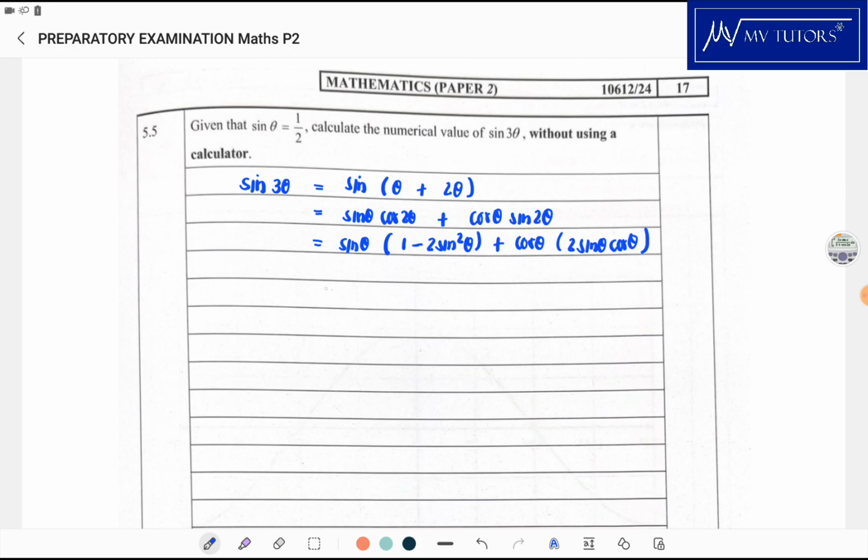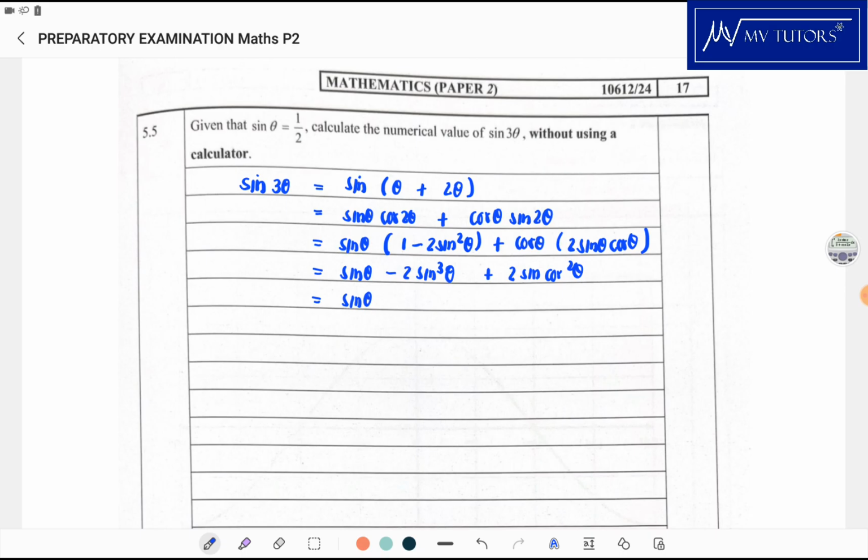Okay, so let's just see. If I multiply inside, I'm going to have sine theta minus 2 sine cubed theta plus 2 sine cos squared theta. Remember, I don't really want cos anyway.